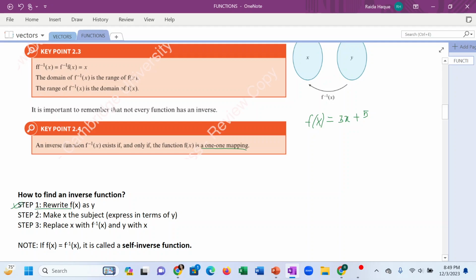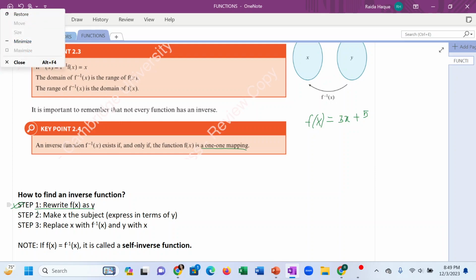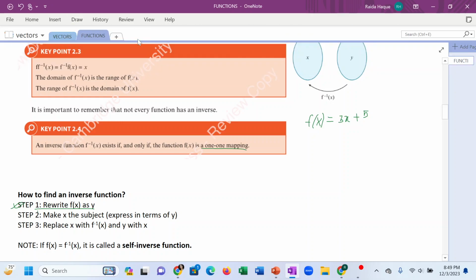What does step 1 say? We write f(x) as y. Before we can write f(x) as y, we need to write one statement. This is usually a marking point, so make sure you write this statement. We write, let f(x) be y. Instead of y, you could have used any other variable. That is not an issue. So then we have y equals 3x plus 5.